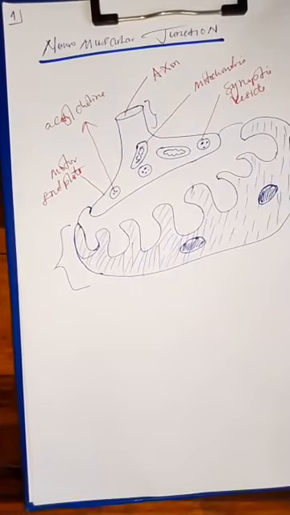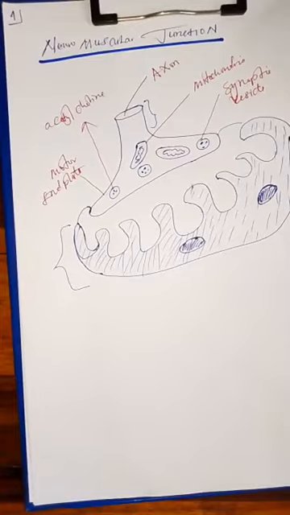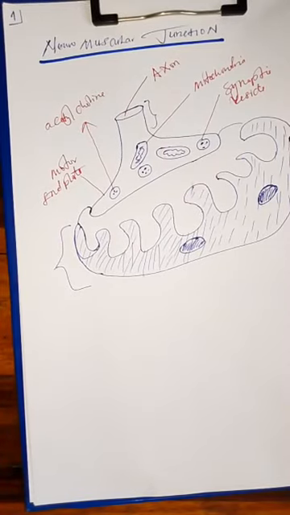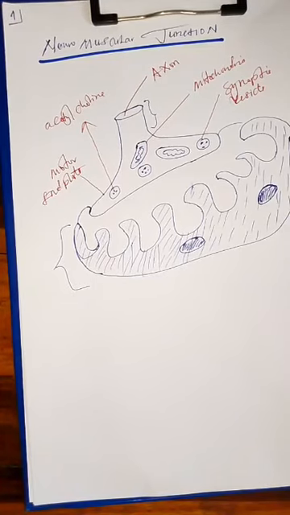Okay, you're supposed to know where the presynaptic membrane is and where the postsynaptic membrane is. The membrane of the nerve ending is what we are calling the presynaptic membrane. The pre, from the prefix, means before.